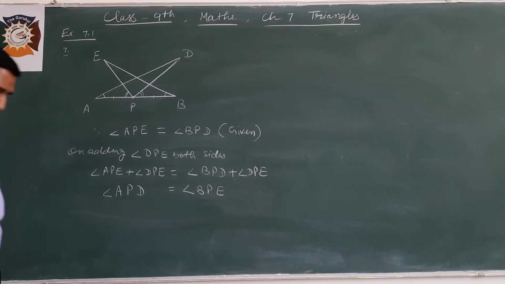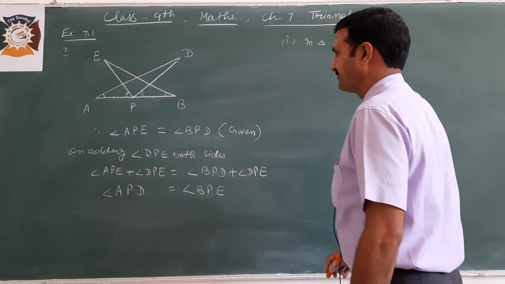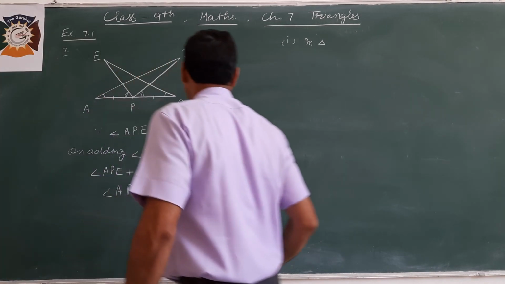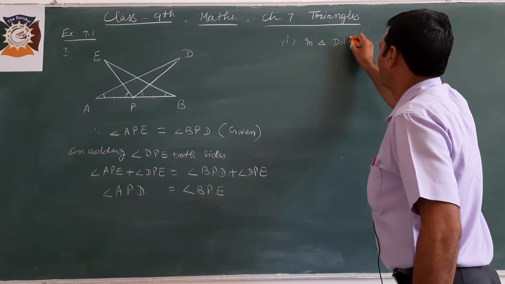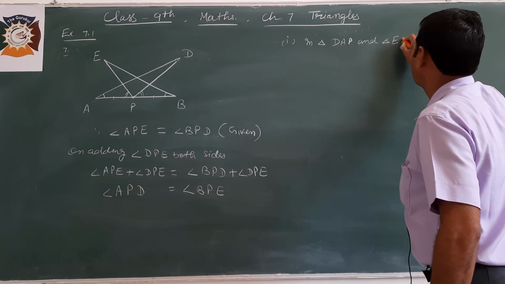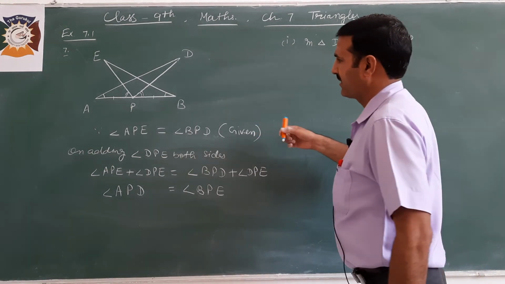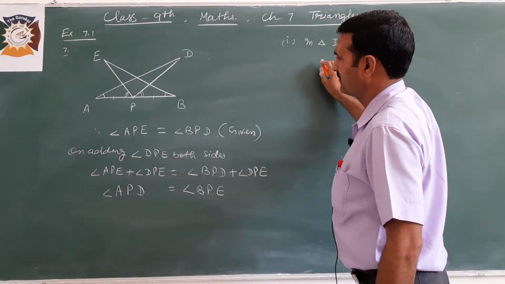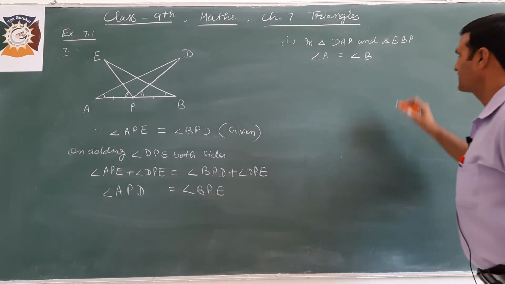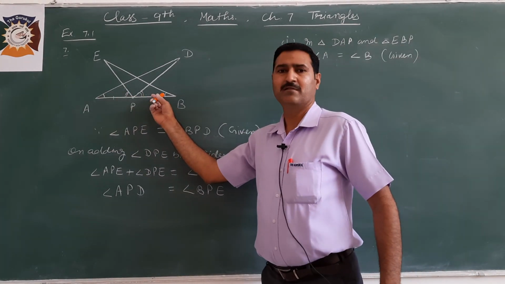Now we can take the first part of this question. DAP and EBP. In these two triangles, angle A is equal to angle B. It's given. ये दो एंगल्स तो दिए ही हुए हैं इक्वल.